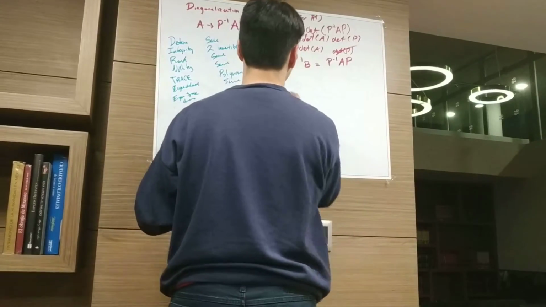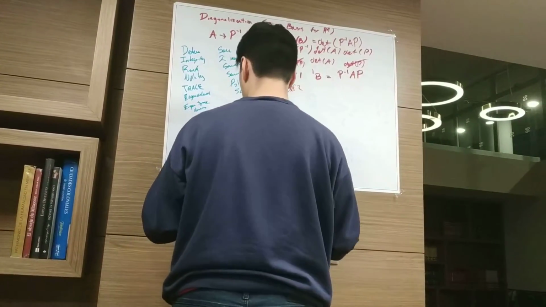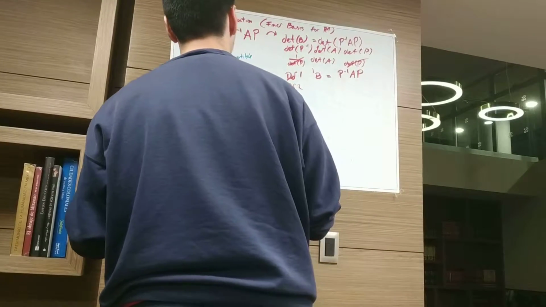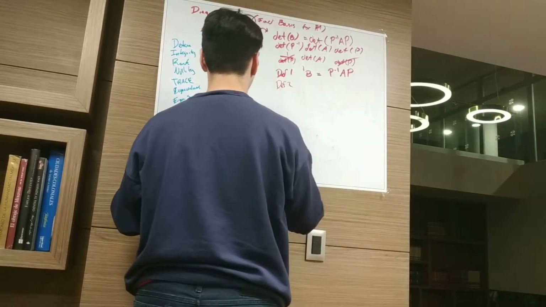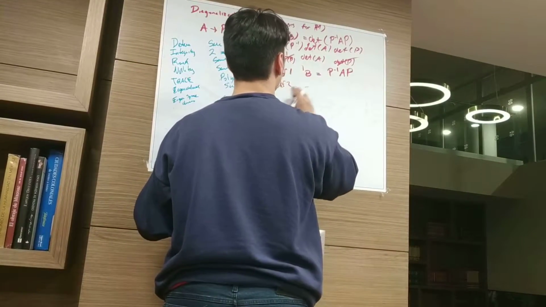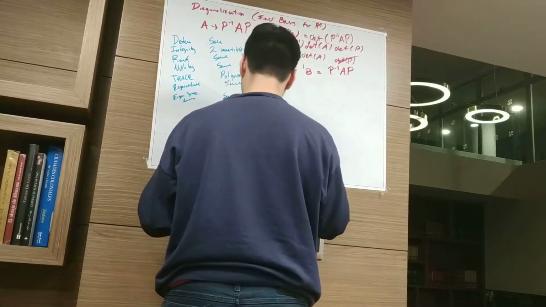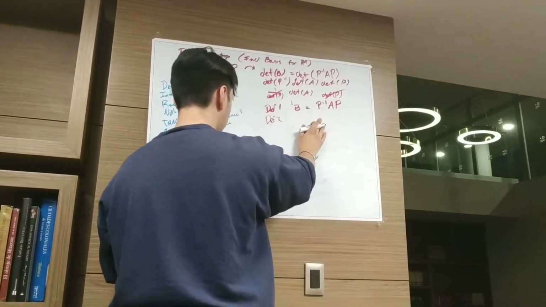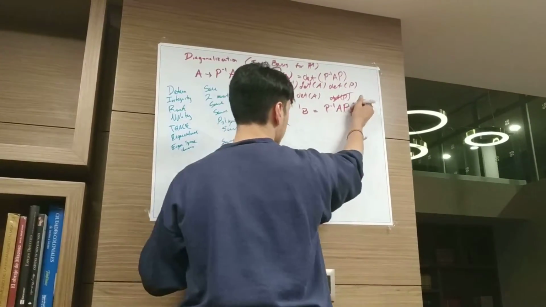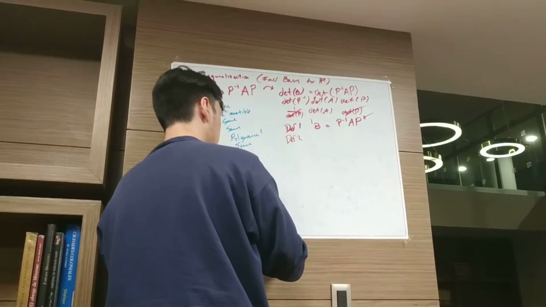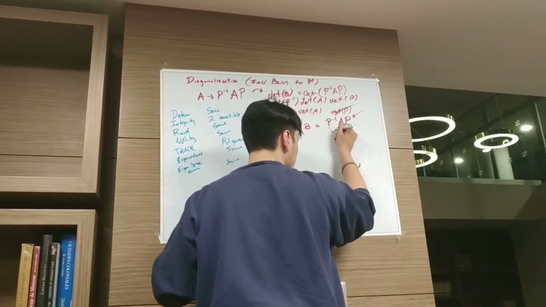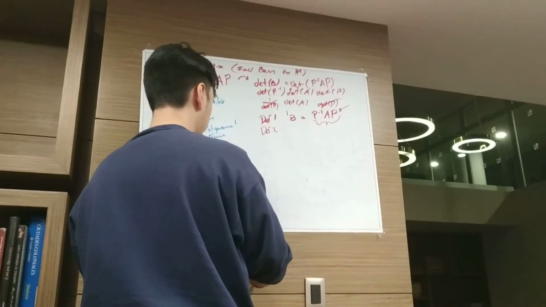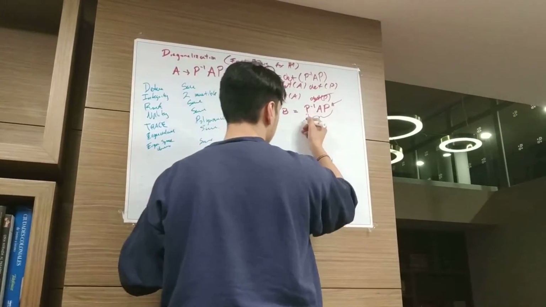Also, definition 2 says that a square matrix, keep in mind that all the matrices here are square, so a square matrix A is said to be diagonalizable if it's similar to some diagonal matrix, if there exists an invertible matrix P such that, if there is any P that can make this diagonal.